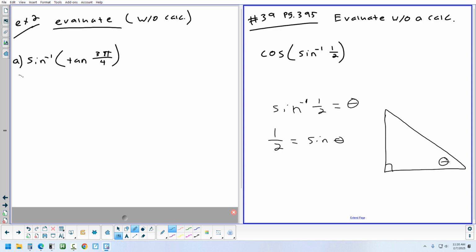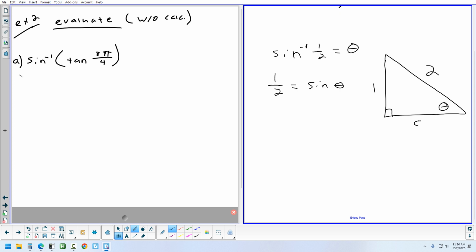We know the sine is a half. That means the what side is 1? Opposite. And the what side is 2? Hypotenuse. And how do you find the third side? Pythagorean theorem.